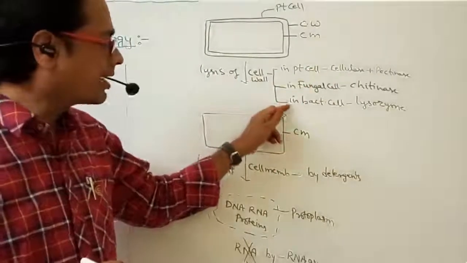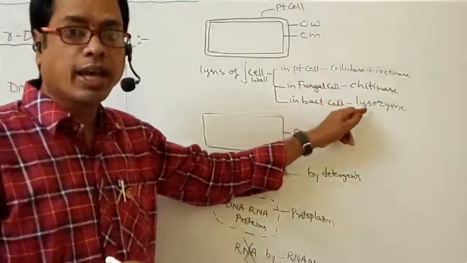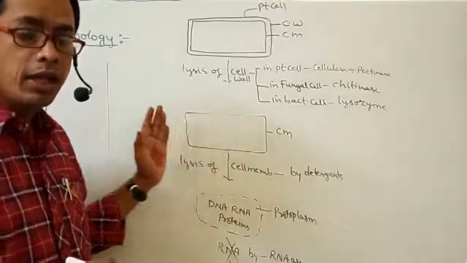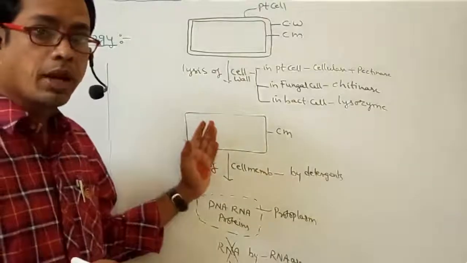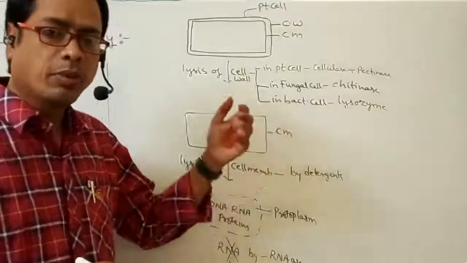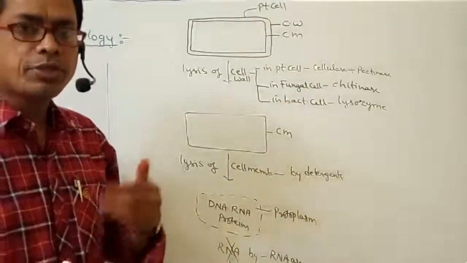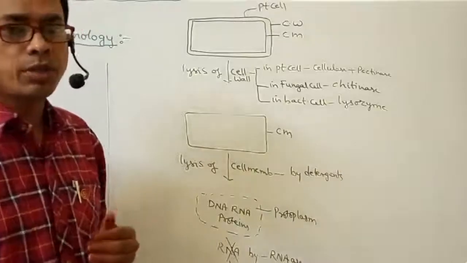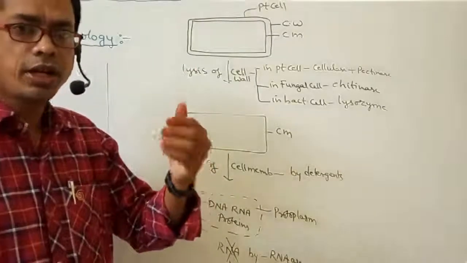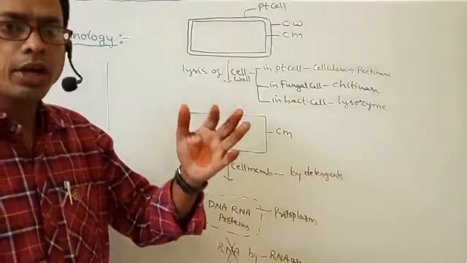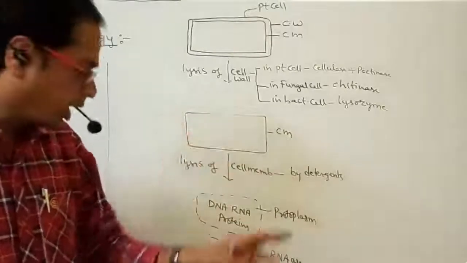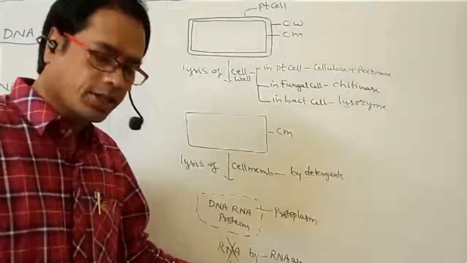Lysis of cell wall in bacterial cell is by lysozyme. Then lysis of cell membrane can be done by high powered detergents. When the cell membrane is removed, protoplasm is present, with various components: DNA, RNA, proteins. RNA can be removed by RNase.